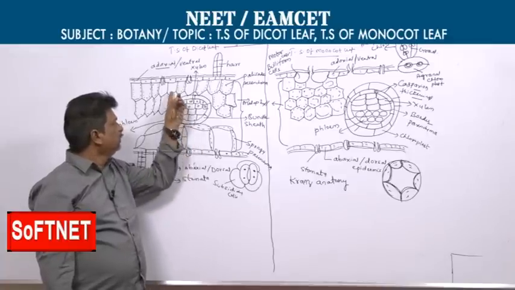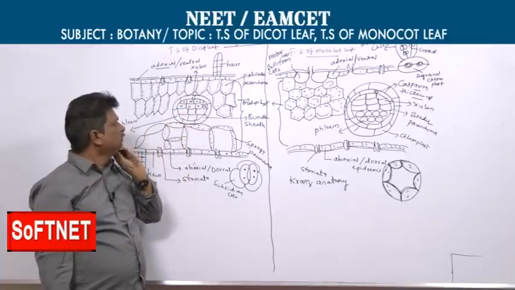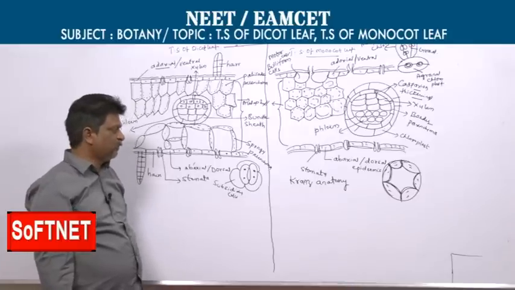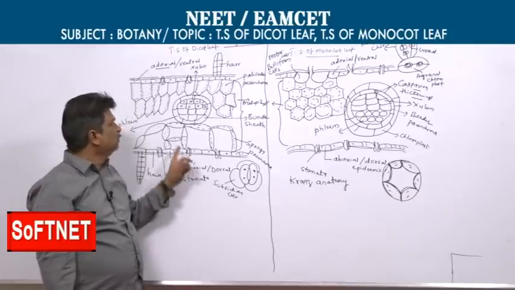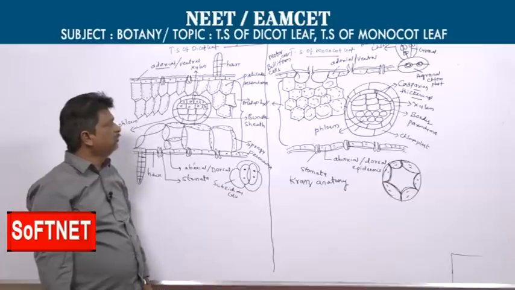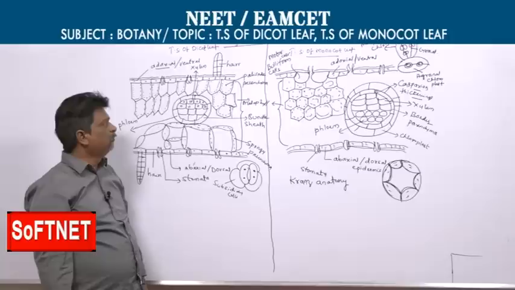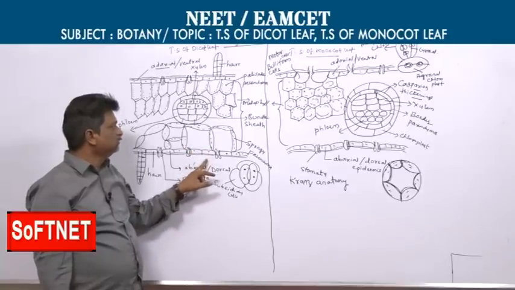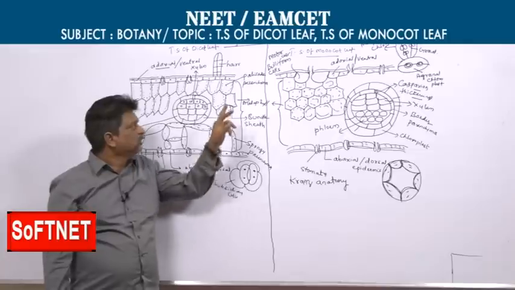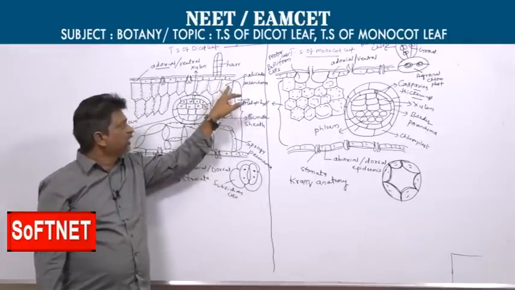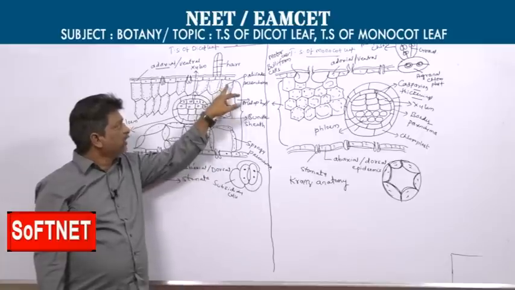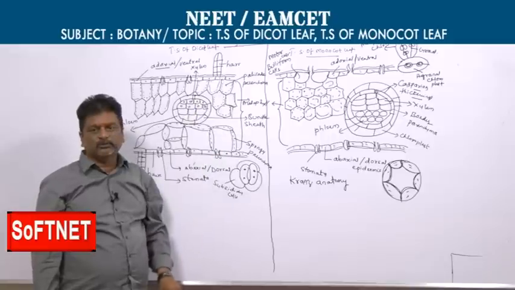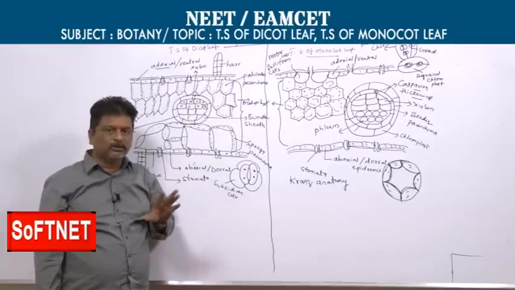And in dicot leaf, mesophyll is differentiated into upper palisade and lower spongy parenchyma. This palisade is towards the upper adaxial side, and it has more chloroplasts, so the upper side is dark green.